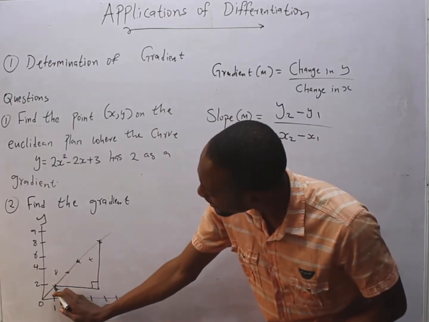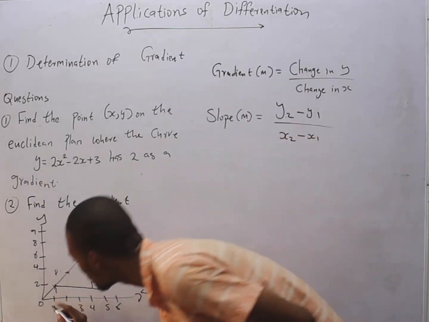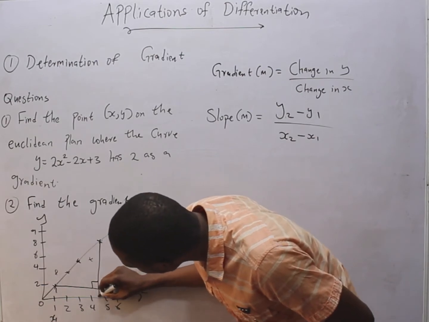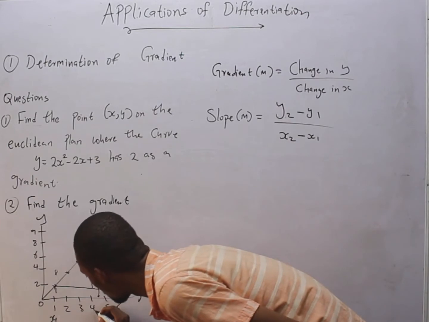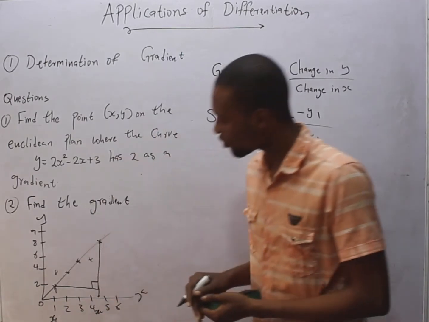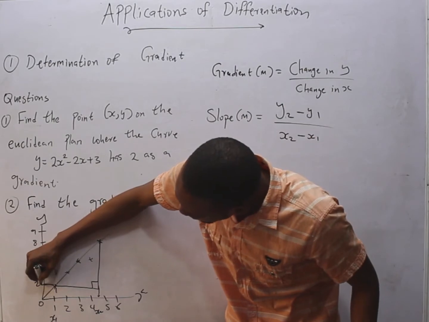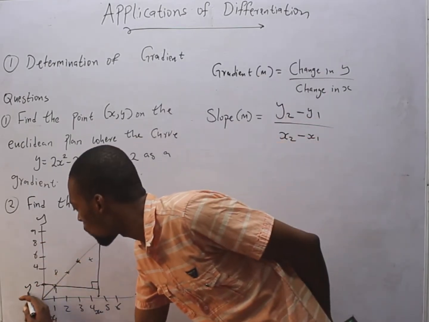Any point from here down is the first point or the first value of s. We can call it s1. And any point here is the second value of s. Let's call it s2. And going in this direction, any value here is the first value of y, which is y1.